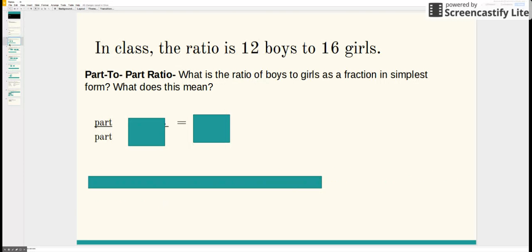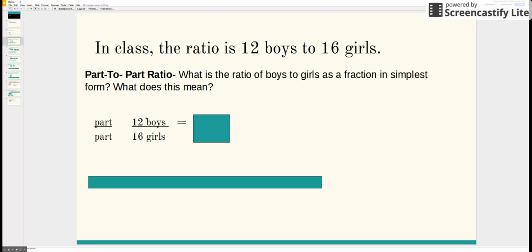In class, the ratio is 12 boys to 16 girls. So let's start with this part to part ratio. What is the ratio of boys to girls as a fraction in simplest form, and what does this mean? So 12 boys is one of the parts, and 16 girls is the other part. So we would do part to part, 12 boys over 16 girls. Now, how do we simplify this? 12 sixteenths.